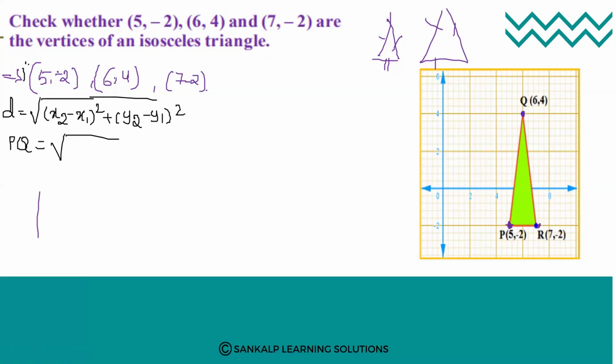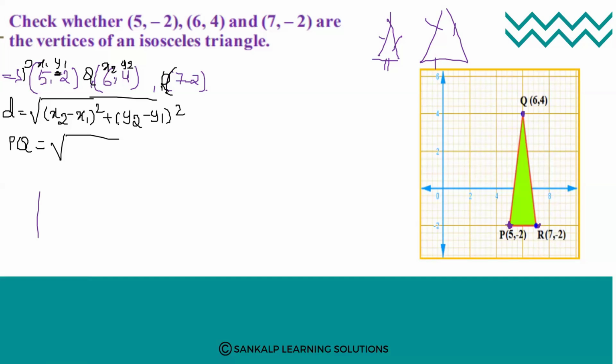Call this P, this is Q, this is R, okay? These are the coordinates of P, Q, R. When you consider P and Q, this is x1, y1, this is x2, y2.